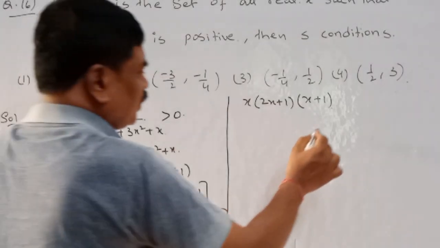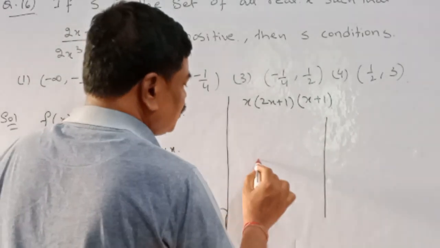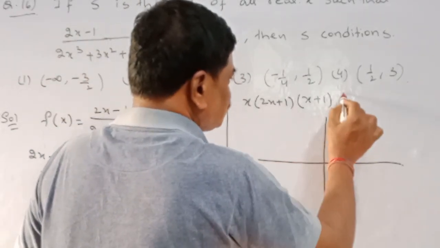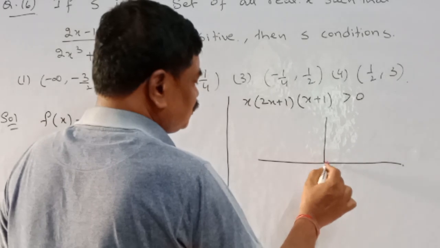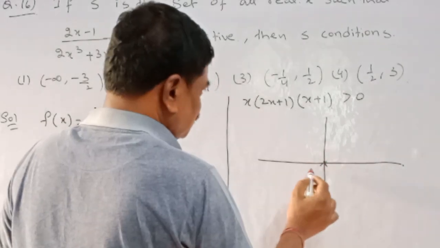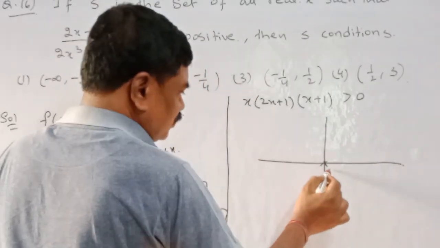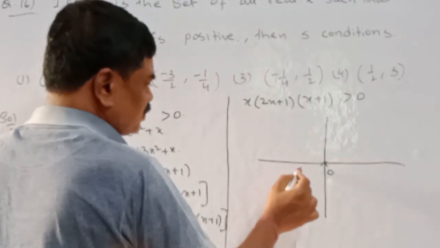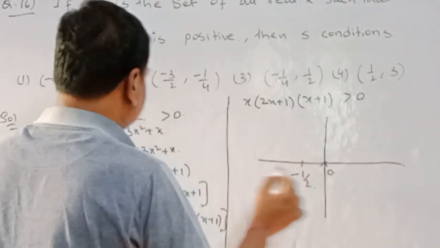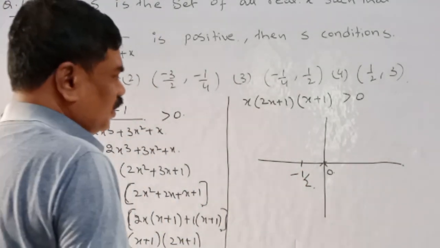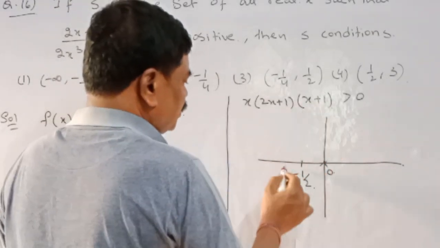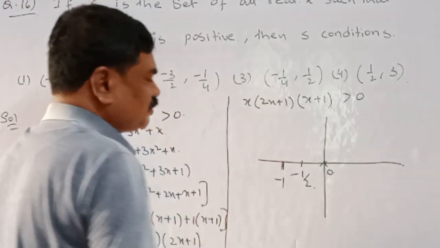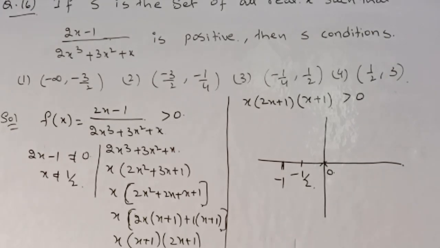Here, first one, this must be greater than 0. This is x is equal to 0, x is equal to minus 1 by 2, and x is equal to minus 1. Okay, all of you?